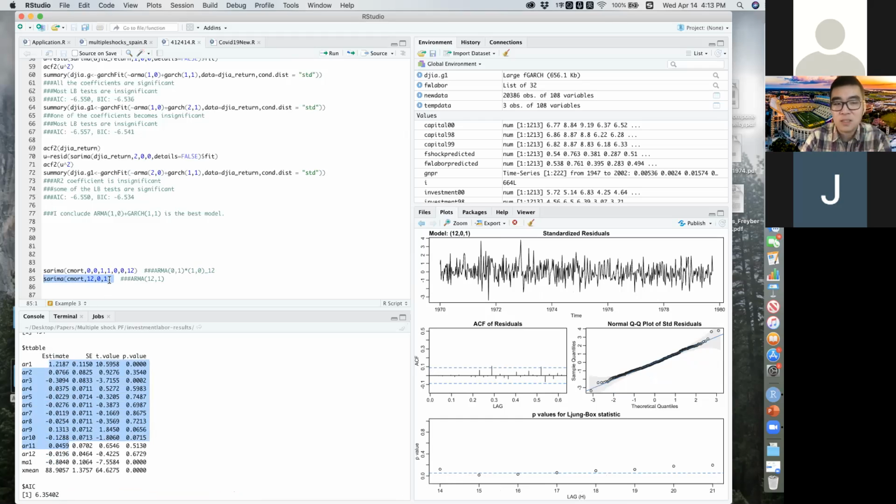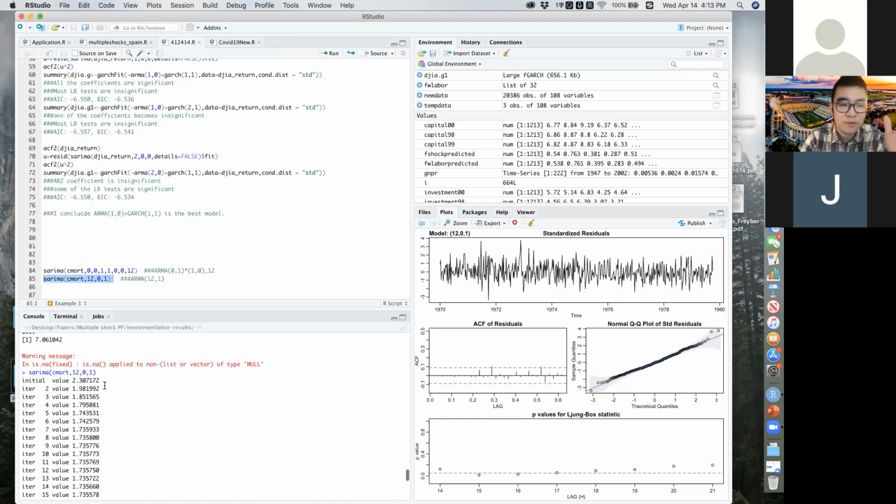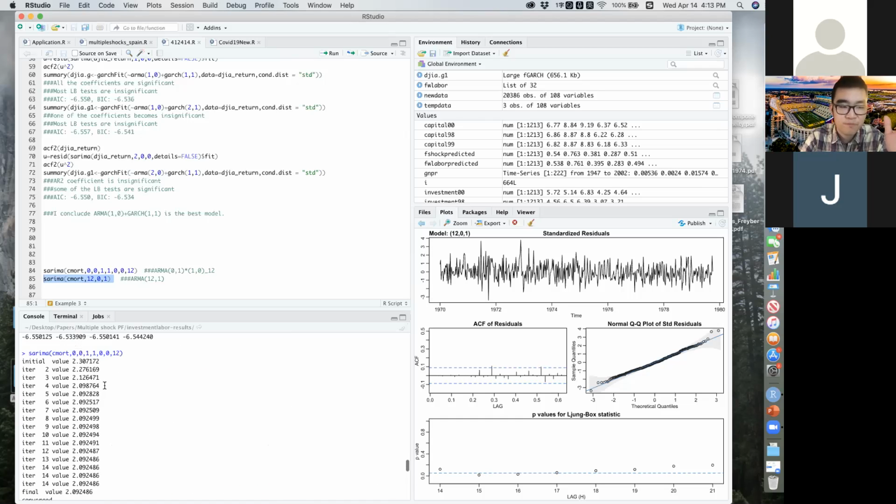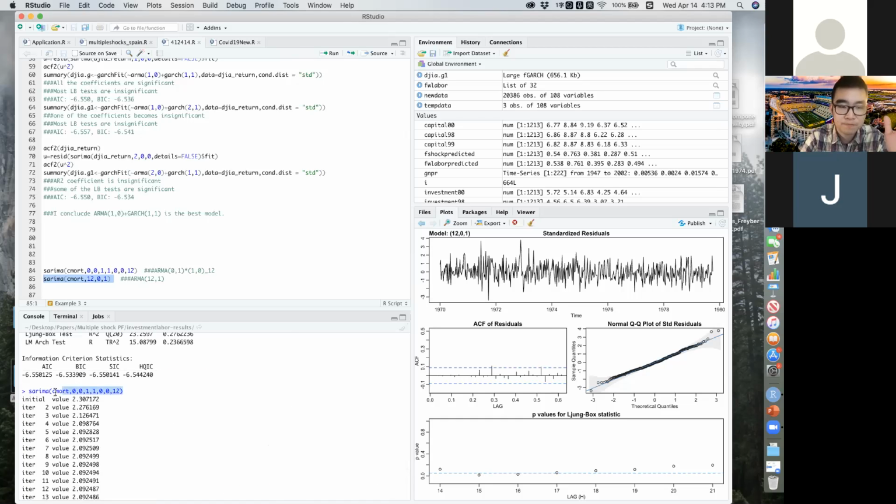If you do not tell R to do this kind of restricted regression, it will provide the coefficients of AR1 to AR11, which we do not want. We only want the coefficients for AR12 and MA1, and this can be done if you just use this command. All right, so that's question number 1, and let me do question number 2.